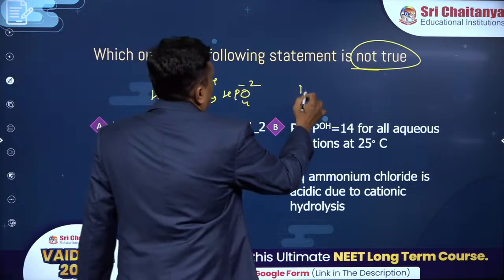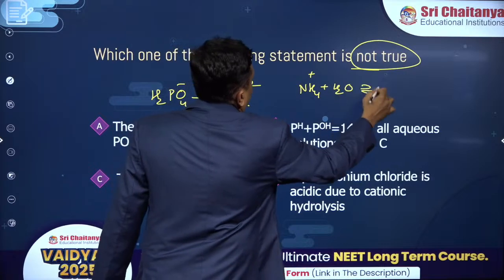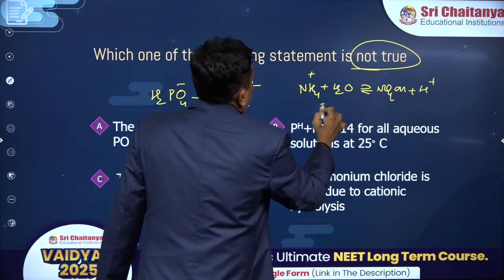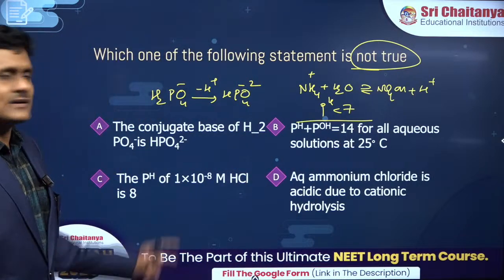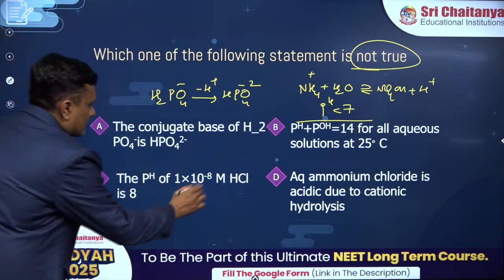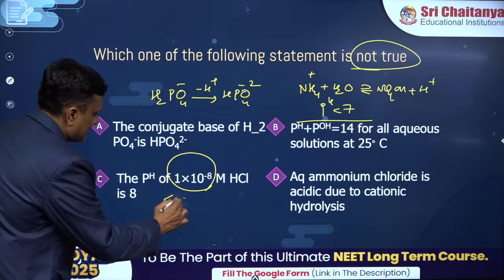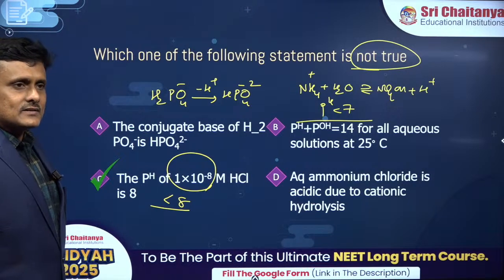You know that the ammonium ion undergoes hydrolysis to give you ammonium hydroxide and H plus. So since H plus ions are produced, it is considered to be acidic. So you can see that A, B and D look to be alright. However, you know that the pH of any acid has to be less than 7. So this C looks to be incorrect.